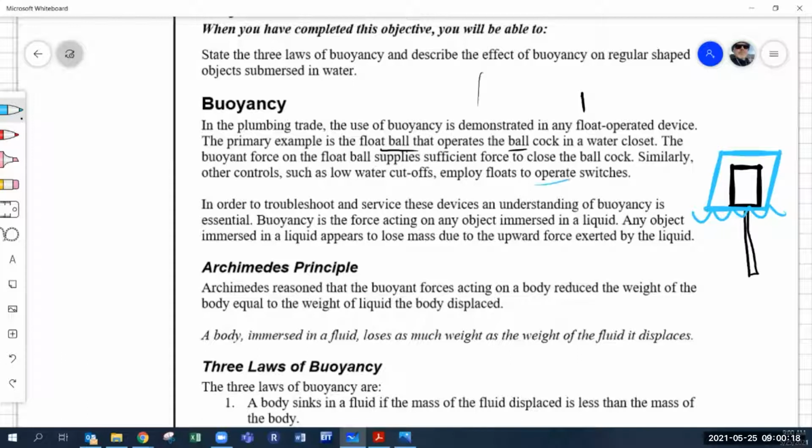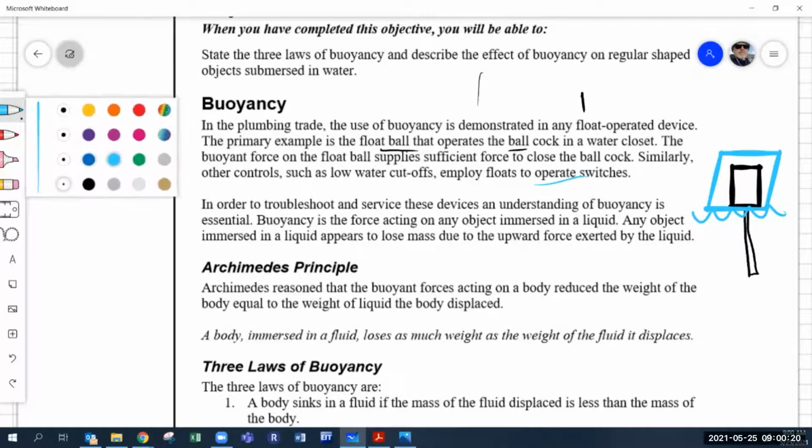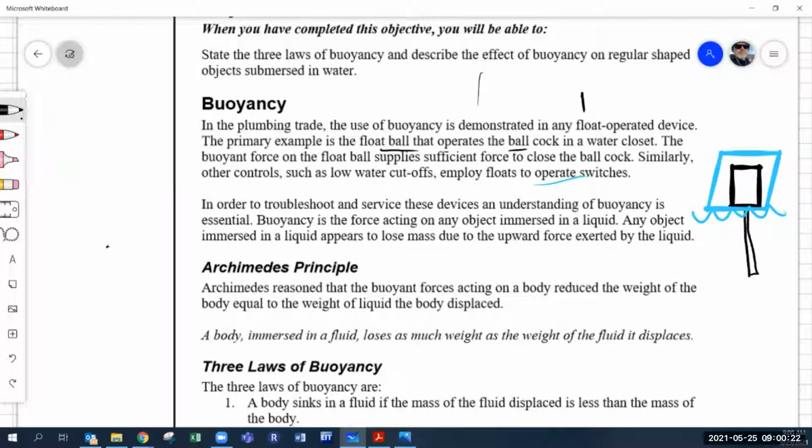It operates a switch. That's all it does, and it uses buoyancy to do that. So they tell us in order to troubleshoot and service some of these devices, we need to understand buoyancy.